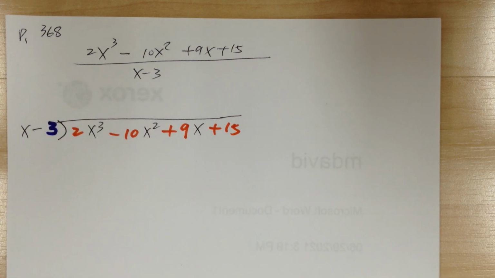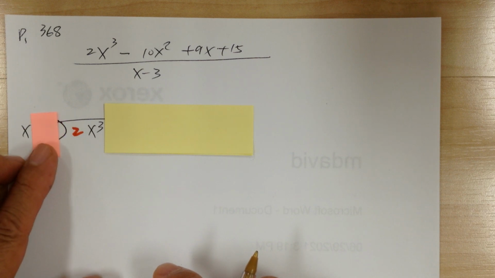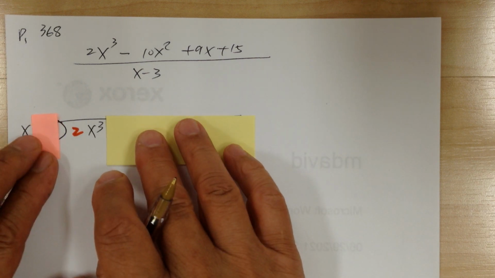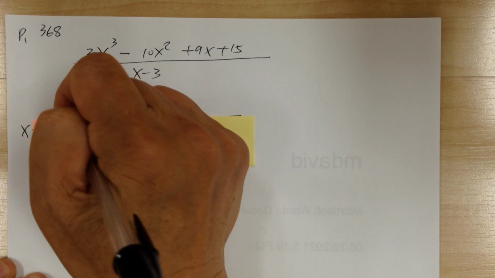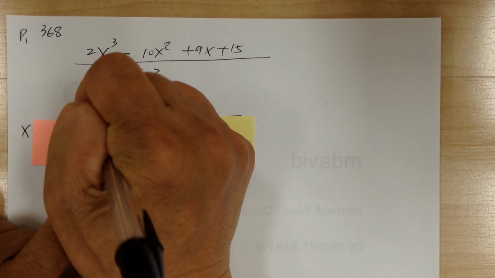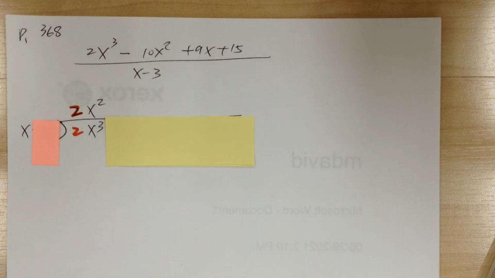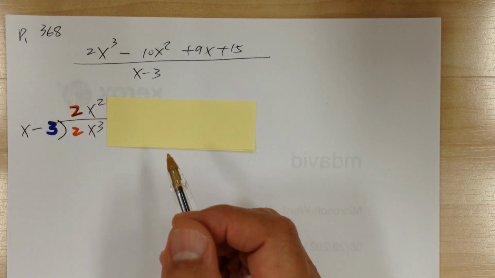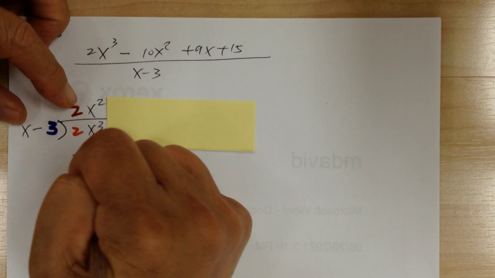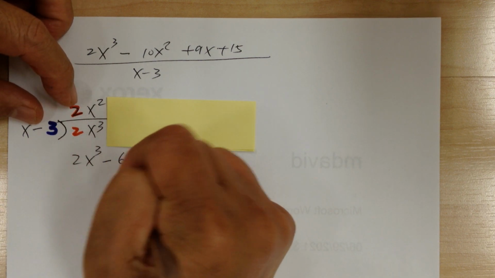Now when you're ready to divide on a regular division, you just focus on the first term only. Then you ask yourself, x times what will give you 2x cubed? It would be 2x squared. So when you multiply, this would be 2x to the 3, and this would be minus 6x squared.